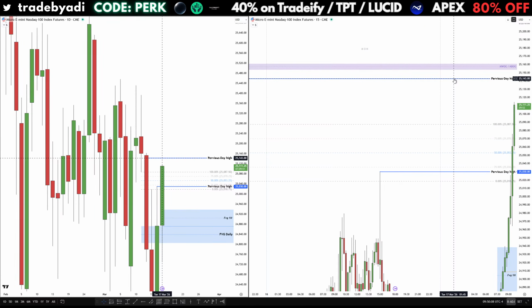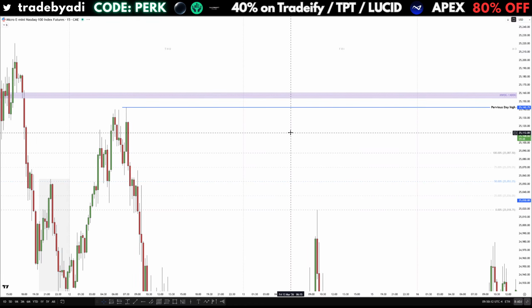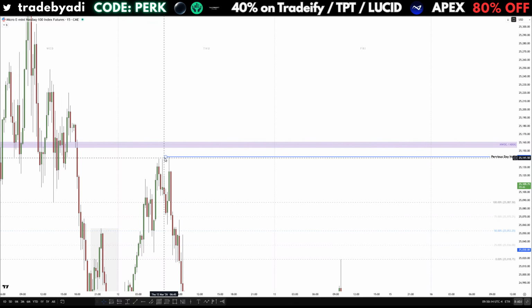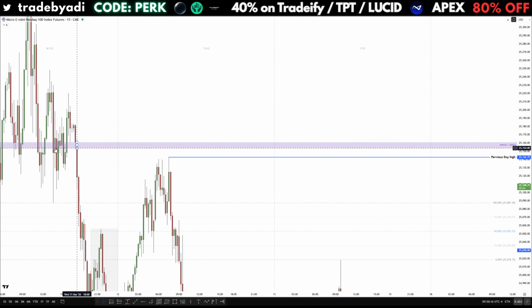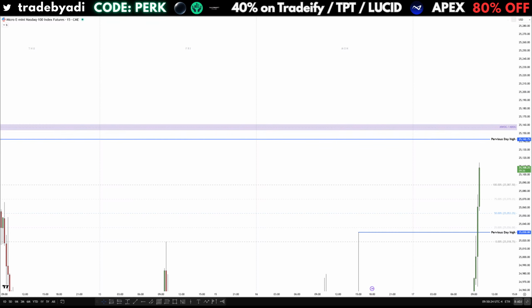If we tap to this previous day high, as in previous day high as a draw on liquidity, this is the Thursday high. After taking the Thursday high buy side liquidity, where is the market going to go? The new day opening gap or the new week opening gap. For the new day opening gap and the opening range gap, you have to use the last 5 days only.